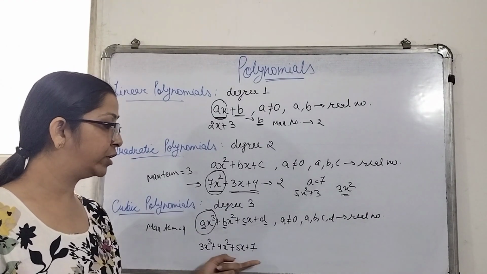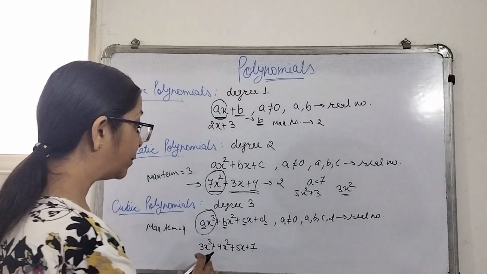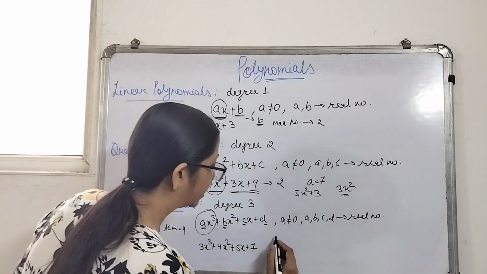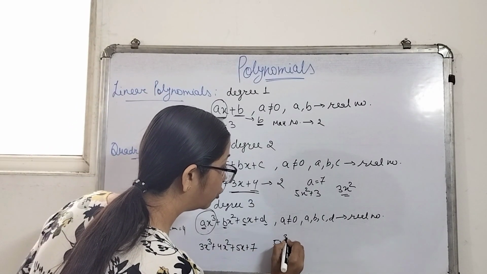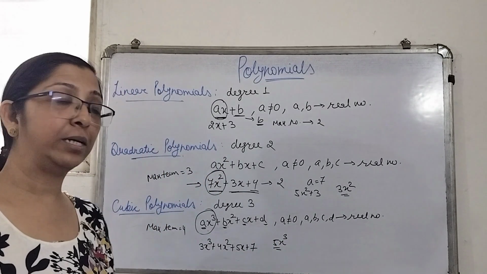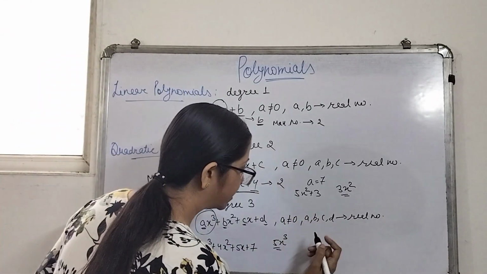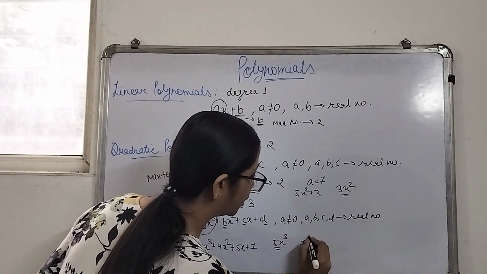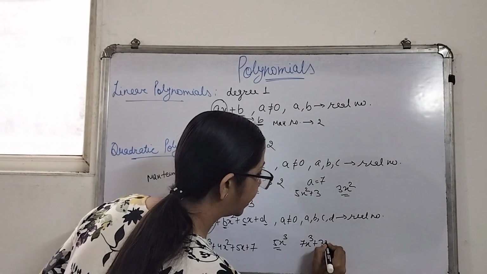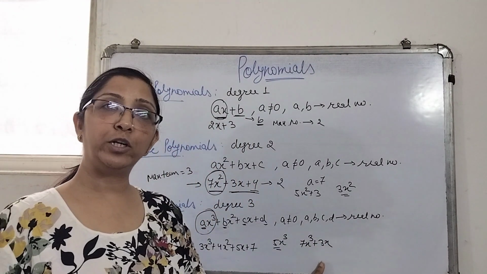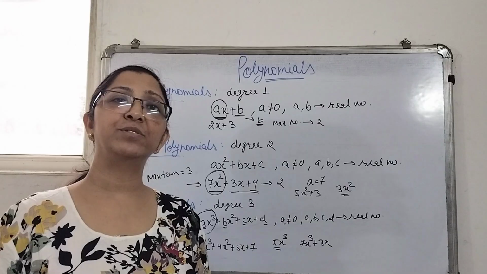So the maximum number of terms is 4. The minimum number of terms will be 1, suppose 5x cube. It is also a cubic polynomial and it has 1 term. Another example could be 7x cube plus 3x. It is also a cubic polynomial and over here the number of terms is 2.